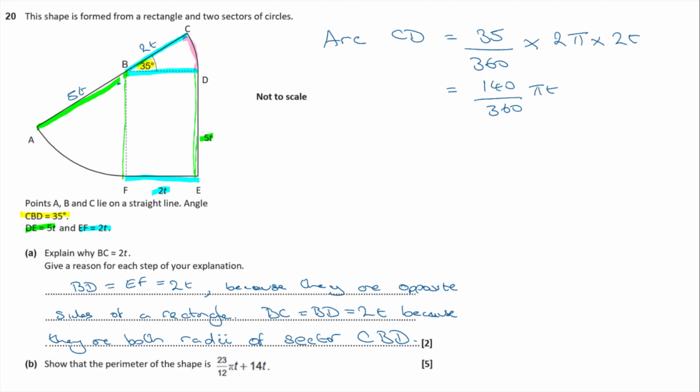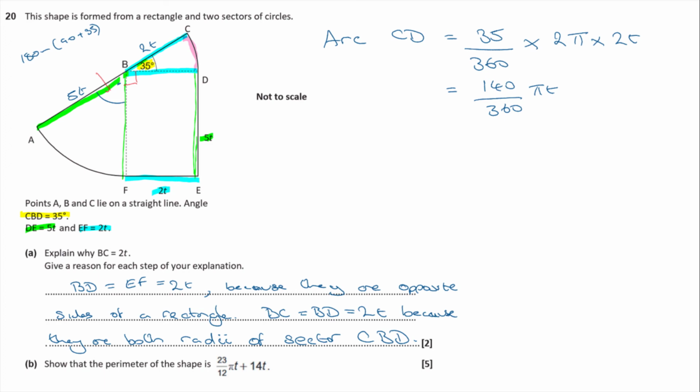What about arc AF? Well, we need the angle at the center of AF first. What's the angle there? Now remember, angles on a straight line sum to 180, and I know that that one there is 90. So this angle here is going to be 180 degrees minus the other two, isn't it? It's going to be minus the 90 and the 35. So 90 and 35 together is 125.